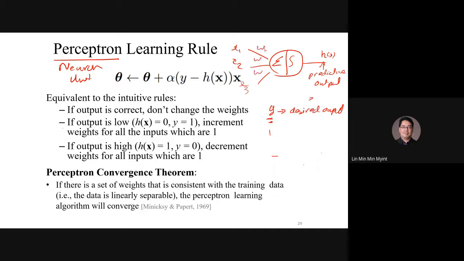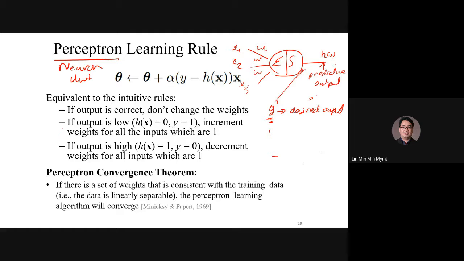After that, we have to update or modify the weight, based on how far or how different our desired output and the predicted output are.